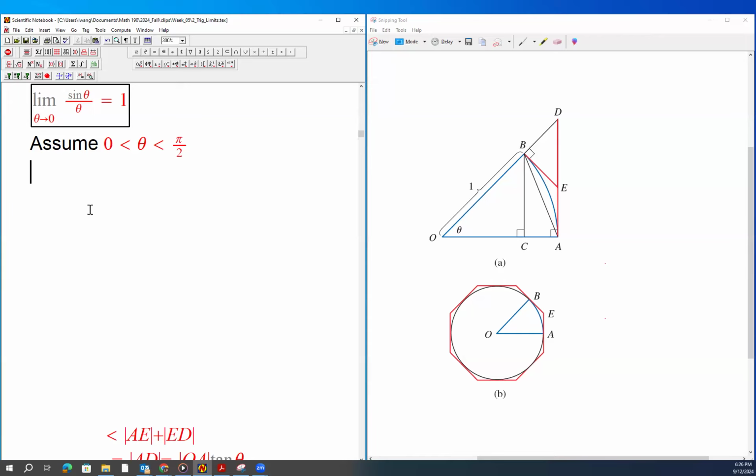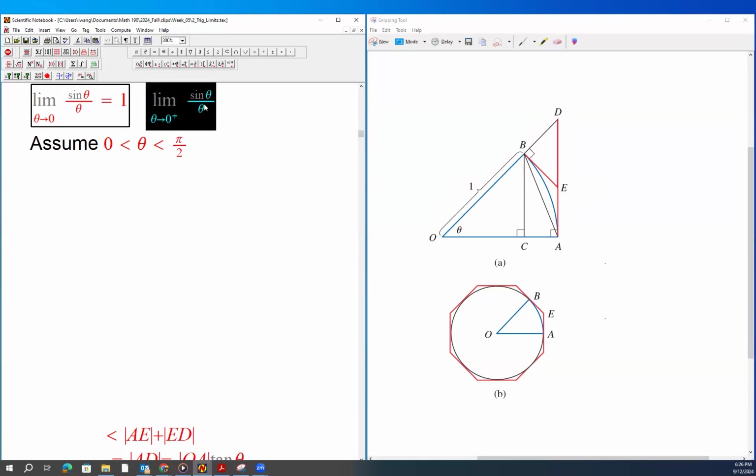To start with, we like to start with the definition of the function. So we assume theta is between 0 and pi over 2. In fact, we're trying to prove this limit first, where theta approaches 0 from larger than 0.